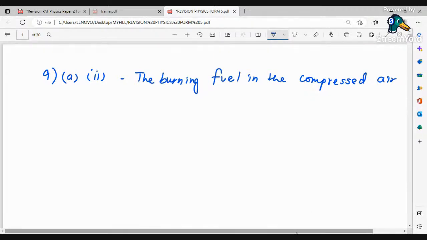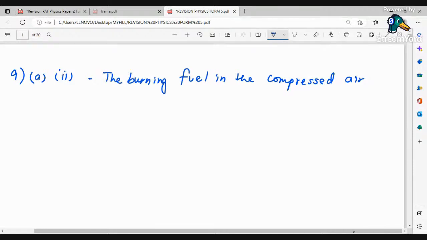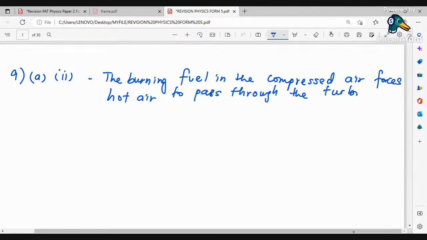Okay, the burning fuel in the compressed air forces air to pass through the turbine blade. Based on the diagram, you can use all the terms mentioned in the diagram.